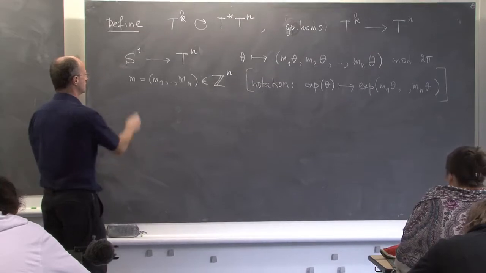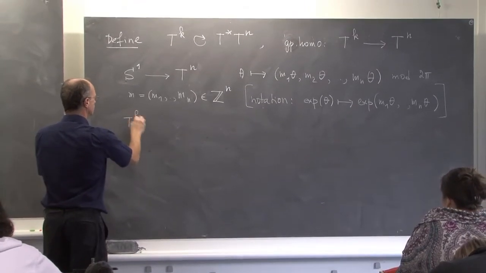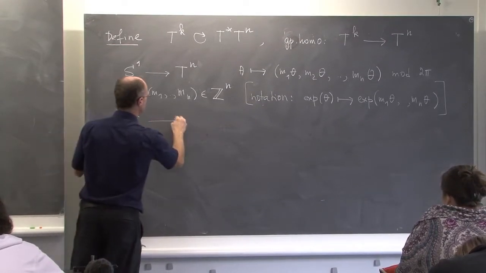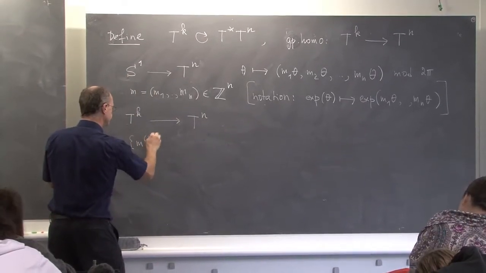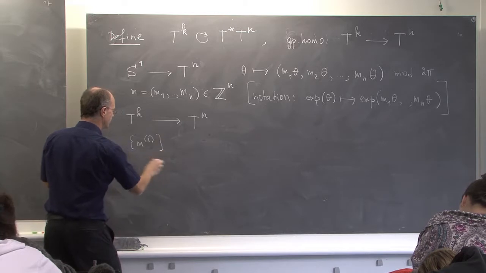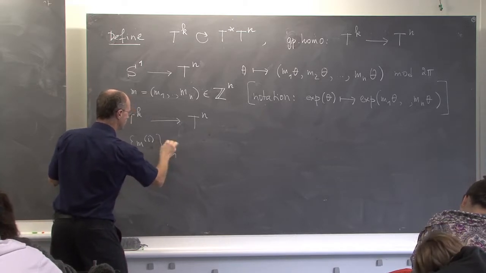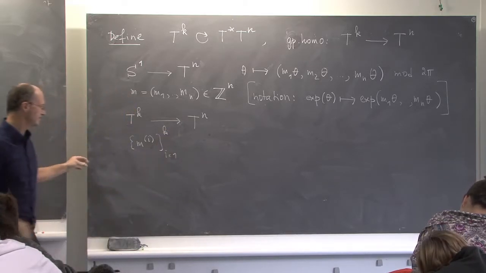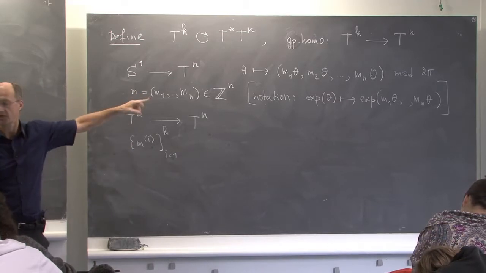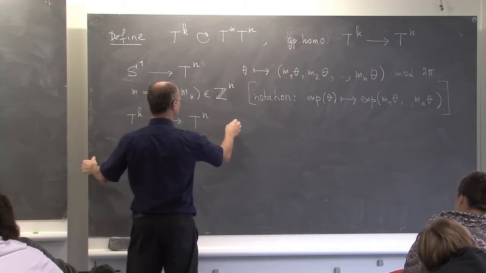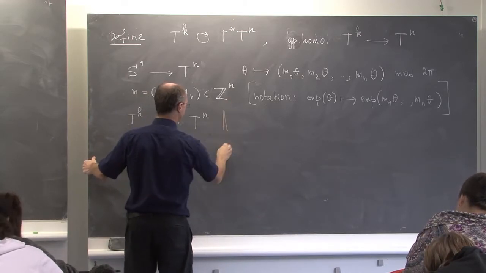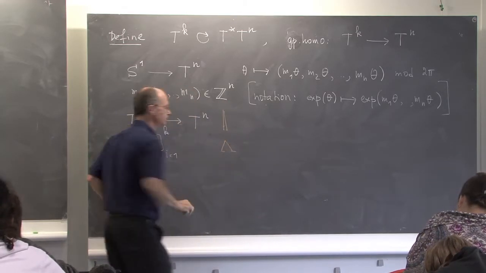Now if you want to give a set of vectors in Z to the n, perhaps it's also good to have a special notation for this Z to the n. Let's call it lambda.